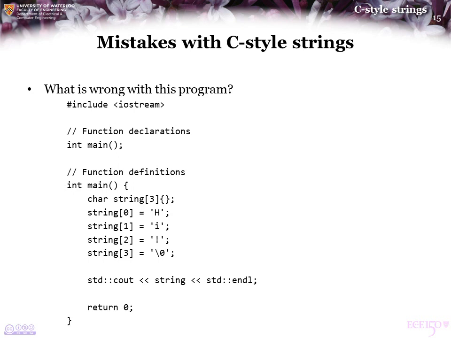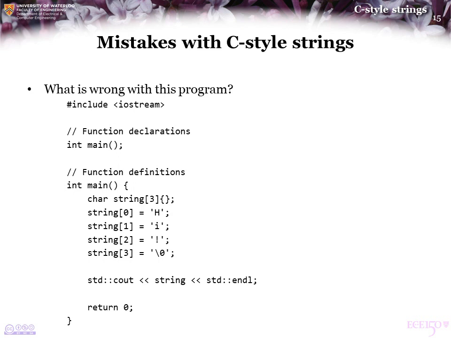Consequently, this is the string hi. And when printed to the screen, usually this will successfully print the word hi with an exclamation mark. But what is the problem here? So take a look at the code and try to fix it yourself before you carry on.